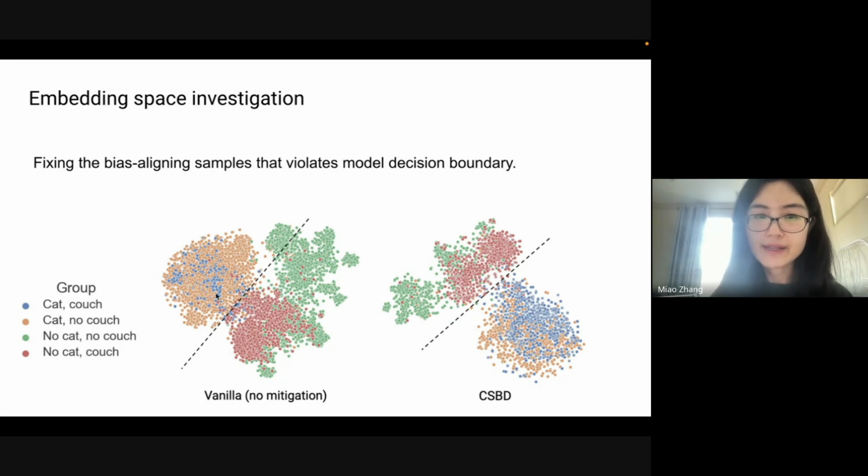So they are bias-aligning samples that cannot be accurately classified. Similarly, the samples without the sensitive feature, no couch, which are the yellow and the green ones, also cannot be perfectly split by the model. After the intervention, the samples are classified much more cleanly.